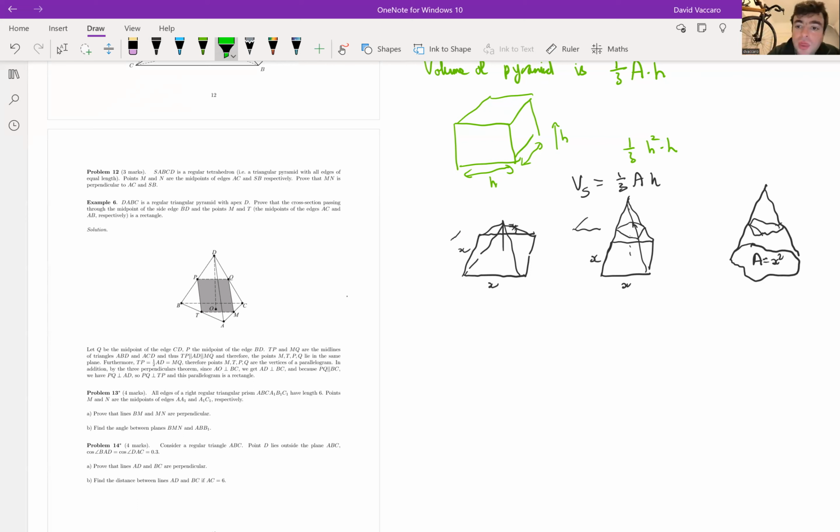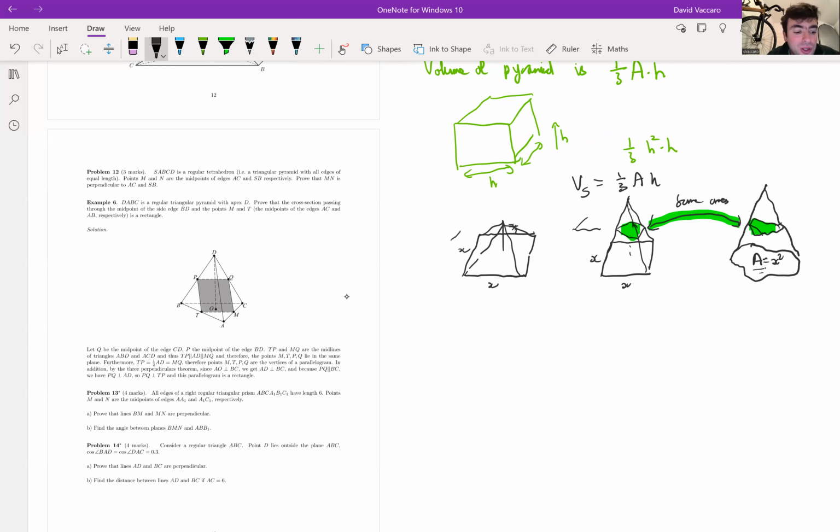So the slices at any height have the same areas. But now this irregular pyramid, we know its volume.